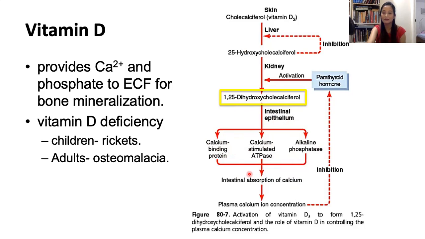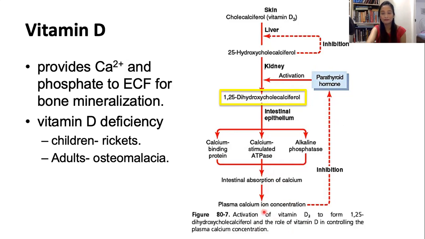And when you absorb calcium in the gut, it will result in an increase in plasma calcium ion concentration. And when there's an increase in calcium, it will send a negative feedback to your parathyroid gland in order to reduce parathyroid hormone levels, to prevent further activation of vitamin D and further increases in your plasma calcium ion concentration, in order to keep things in check.